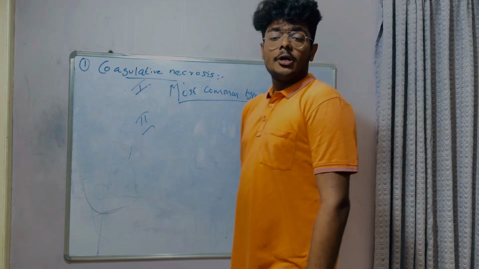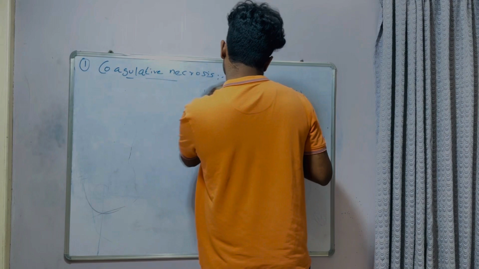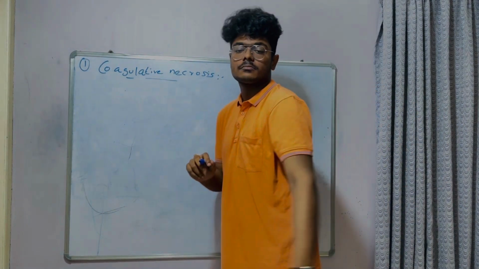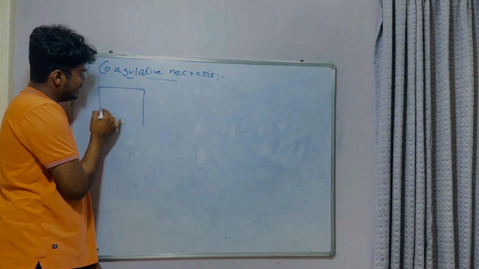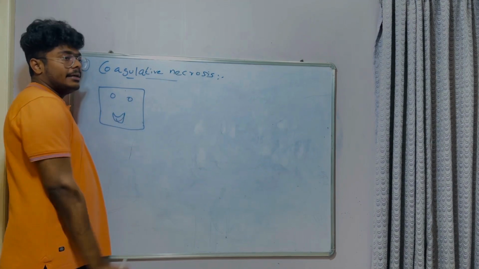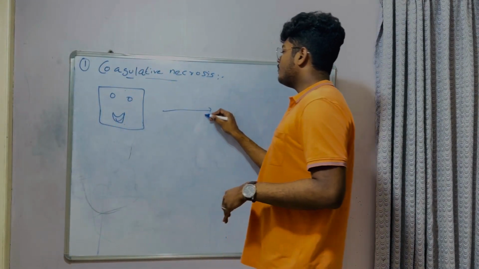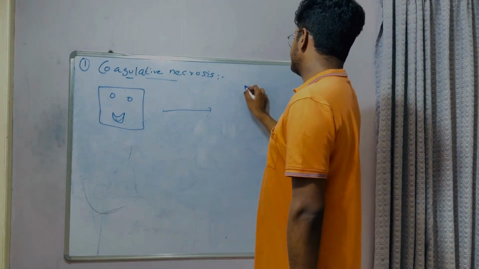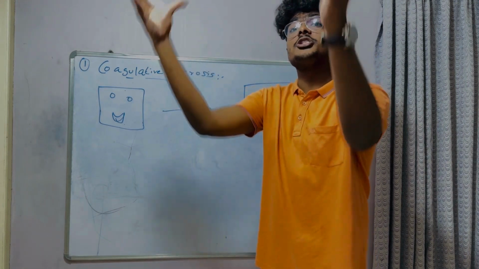Then here you have to know a very important concept. Children, look. There is one happy cell living here comfortably. Now coagulative necrosis takes place. What happens? The cell architecture is maintained.